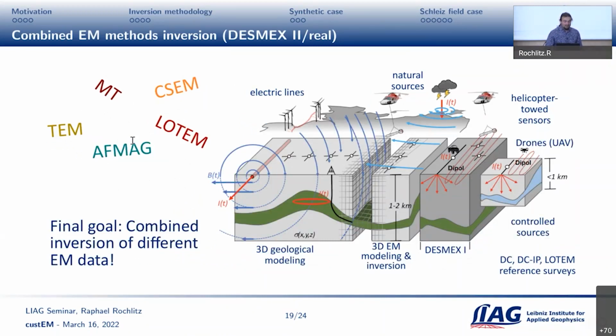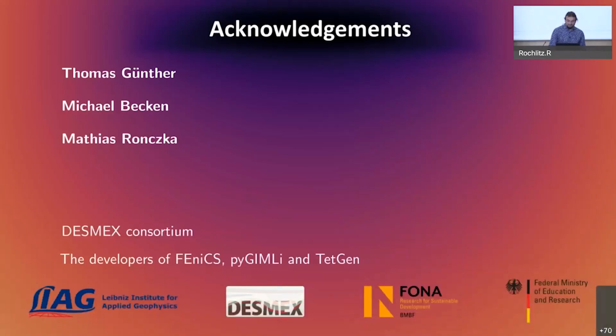This is called the FMAC method, so we also need an MT inversion. This is work in progress. Markus Schiffler from the EPRT and me are working on this. This would be the final goal, to be able to put different EM data sets into a joint inversion for the best possible geological analysis. And with that, I want to thank you for listening.